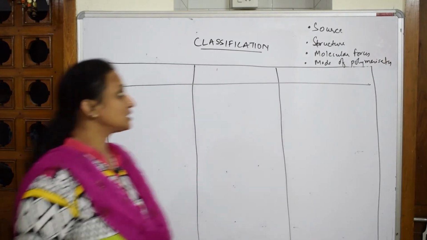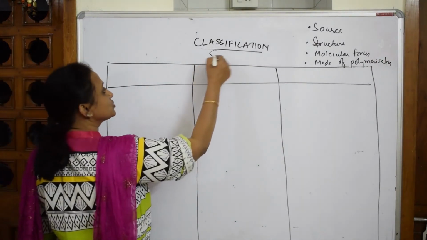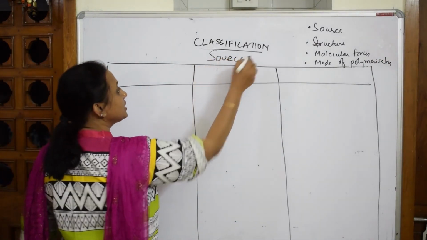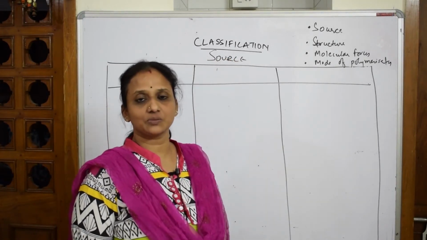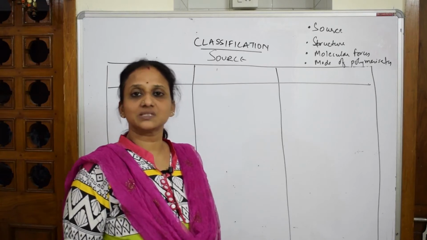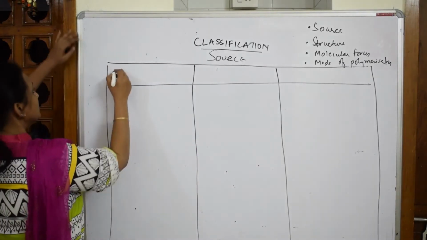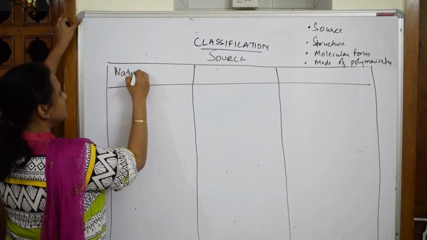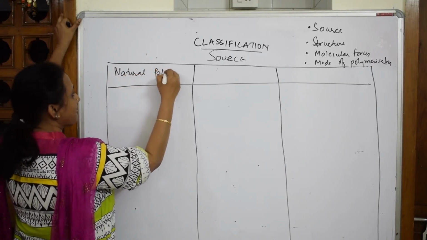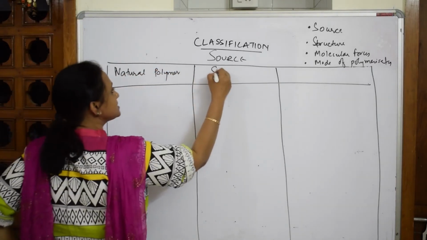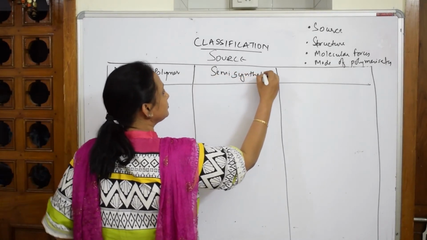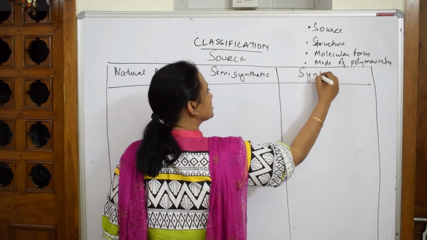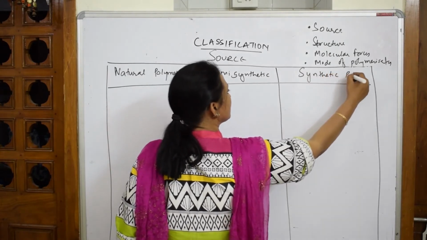So when I have to start this classification based on source, the first important thing, they are classified into natural polymers, semi-synthetic polymers, and synthetic polymers. The first one, based on the source, are natural polymers. Next would be semi-synthetic polymers. Next would be synthetic polymers. Done.